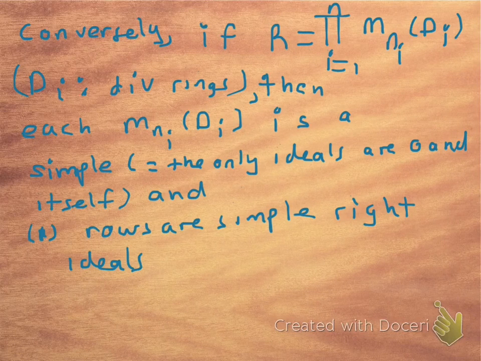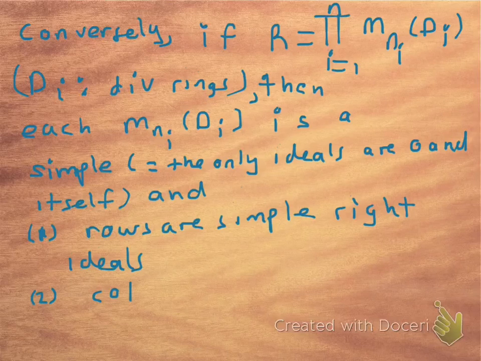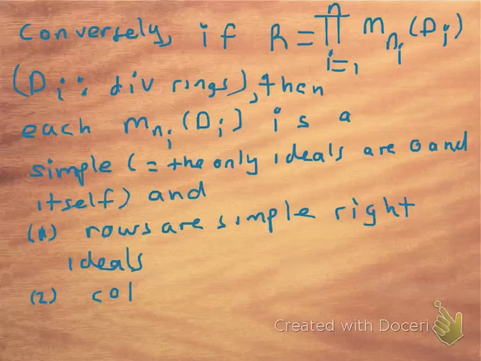First of all, rows of it are simple right ideals. And similarly, columns are simple left ideals. So each of these matrix rings can be viewed as a sum of its rows or as a sum of its columns, and that would give us that these matrix rings are semisimple as right and left modules.